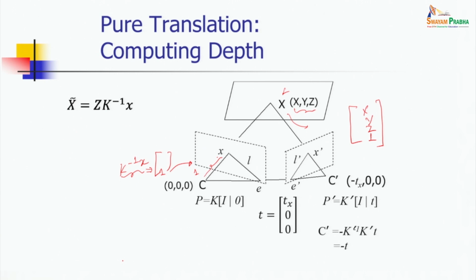So finally x tilde can be represented by z times K inverse x. If I multiply that depth value z in this direction, then I will get the respective coordinate.